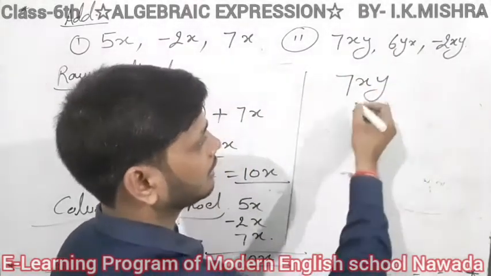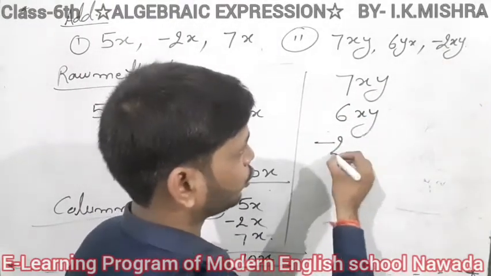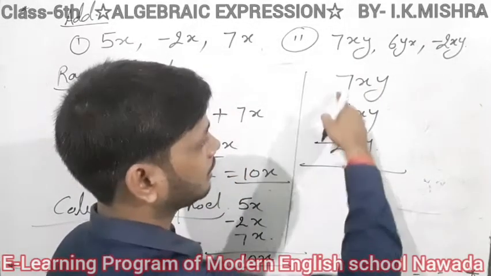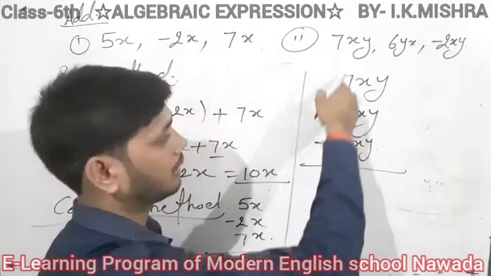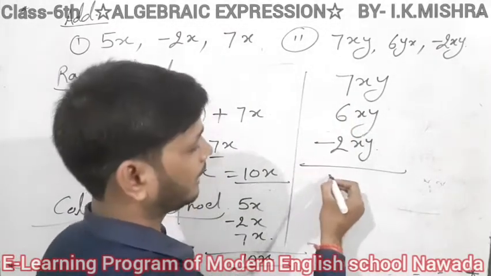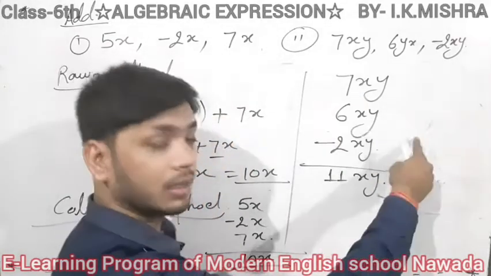You can write 6xy, and here minus 2xy, and add all of these. 7 plus 6, here 13, and minus 2, 11xy. This method is the column method.